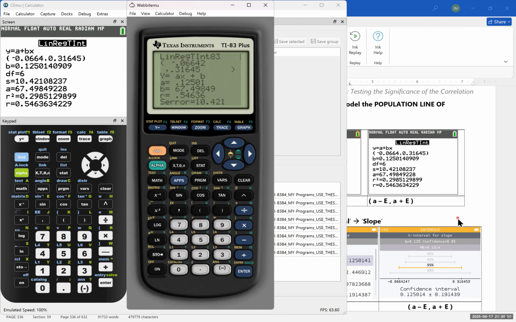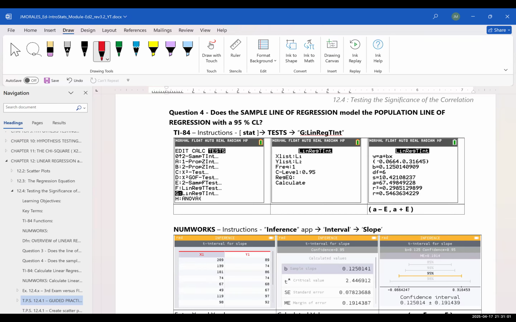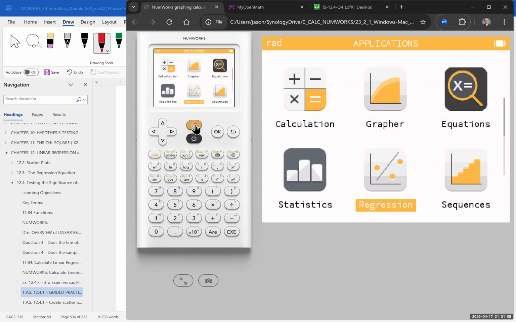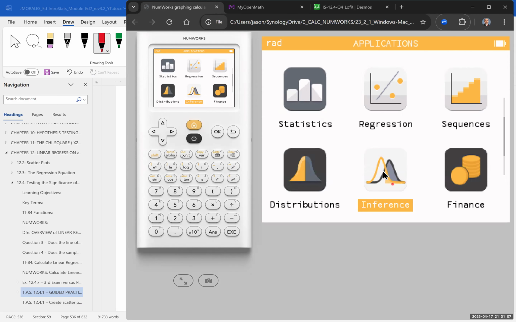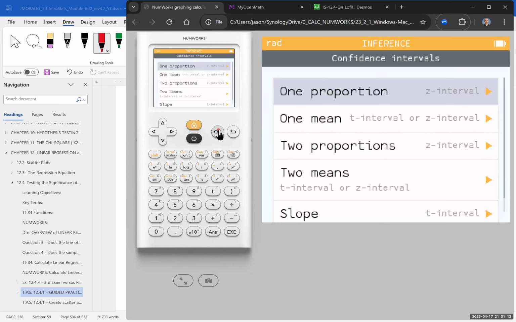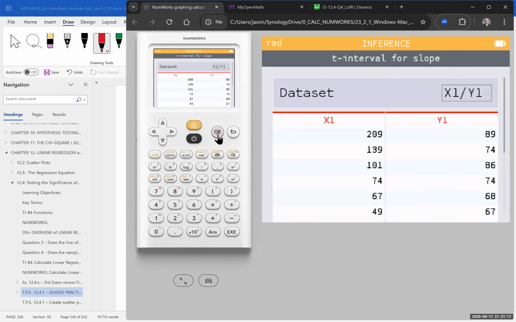Now for the NumWorks calculator, we need to use the inference app and go to interval and do an interval around slope. So let me do that. I want to click home, go down to the inference app, click OK. I want to do intervals, go down to an interval around slope. I want to do it on this data set, X1, Y1.